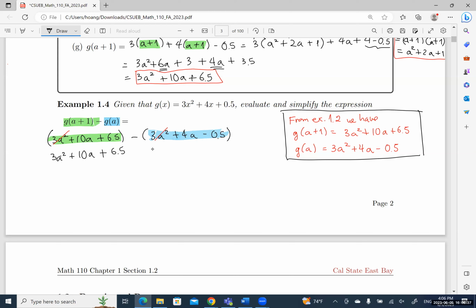The next one has a negative there, so all the signs after that change. Negative 3A squared minus 4A plus 0.5. Let me make sure they have an equal sign.